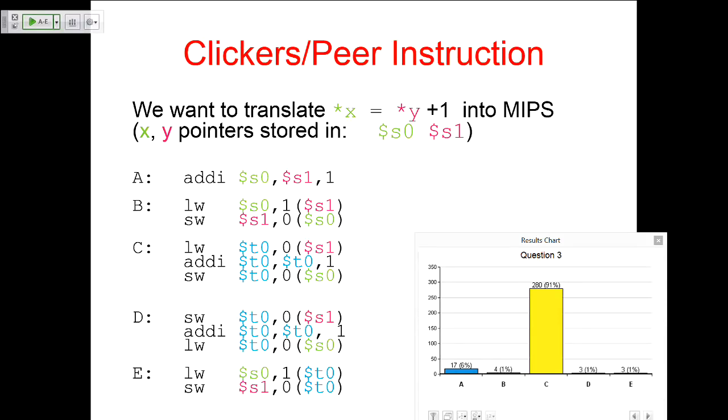X really contains the address where we want to store that value in the end, not the value itself. So adding to x means we would just change the address where we want to store by 1. We would move it out of where we really wanted it to be.